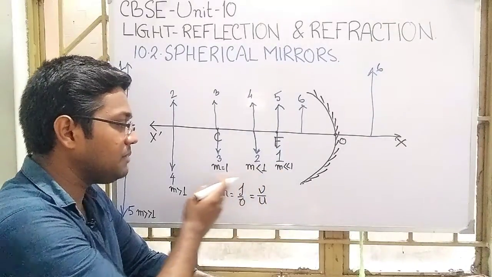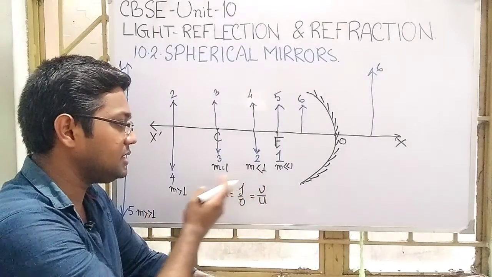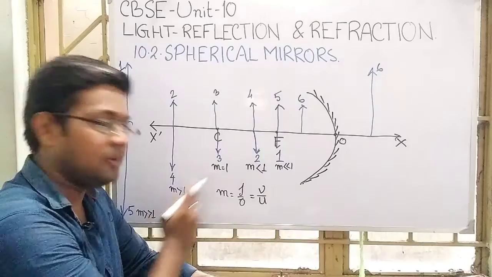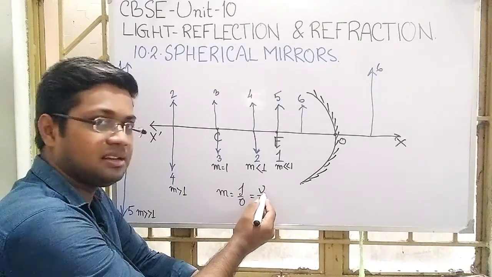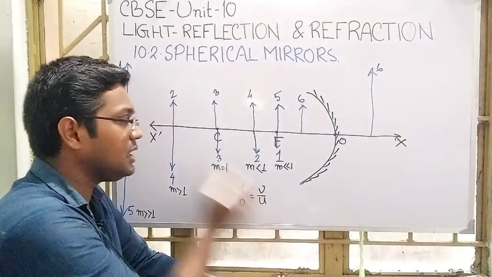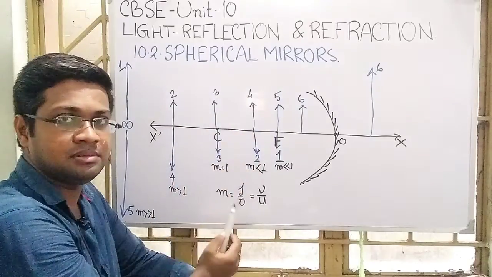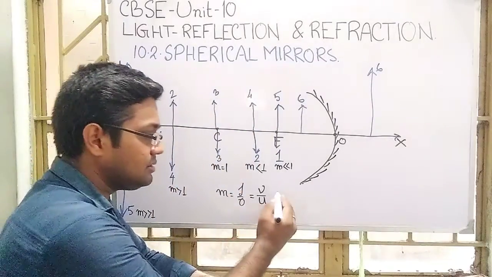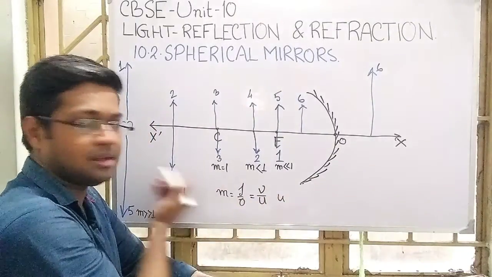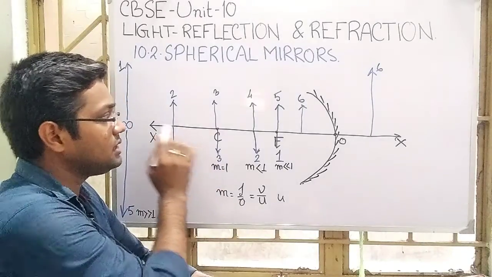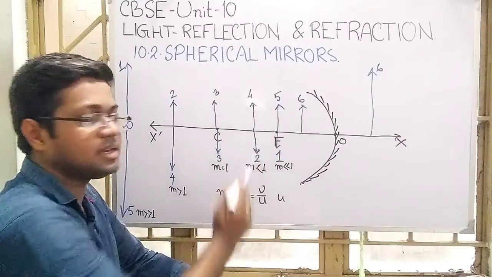Since the value of M is continuously increasing in this manner, we can see here that V is increasing compared to that of U. Here U is decreasing as the object is moving in step towards the mirror. If we move from this side to this side, U is decreasing as we move from 1 to 2, 2 to 3, 3 to 4, 4 to 5 and 5 to 6.